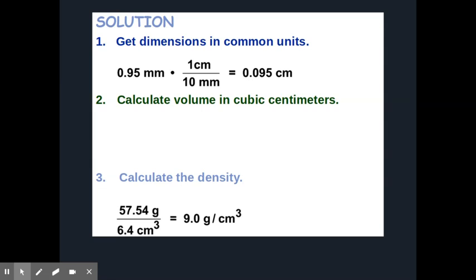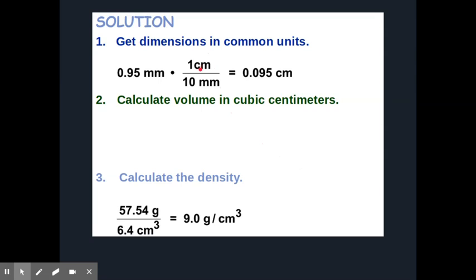So first, we'll start with that 0.95 millimeters. So if you remember your stair steps, kittens hate dogs because dogs can't meow. Remember, the millimeter step is just one away from the centimeter step. So you could use your stair steps and just say, oh, wait a minute, I'm on milli and I'm going to centi.